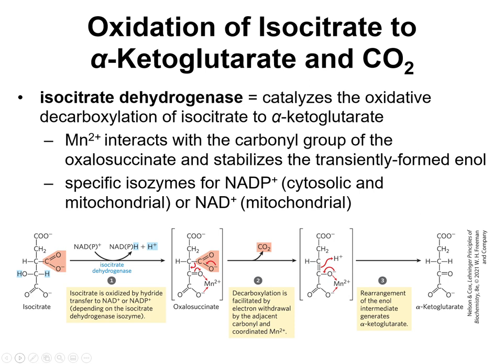So what happens here in a nutshell is you're going to lose the carbon that's highlighted here. You're going to lose that carbon and the oxygens associated with it. Hence, it's called decarboxylation. We require NAD or NADP for this, and you're going to pick up some electrons along the way.